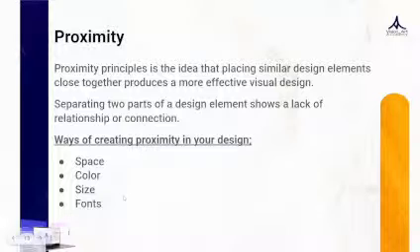Then the font. Since they are the same thing, since they need some connection between the two, why give this one another font and this one another font? So the font needs to be the same. So these are ways by which you can make design elements close together and show some kind of connection and relationship between them: the spacing, the color, the sizing, and the font, right?